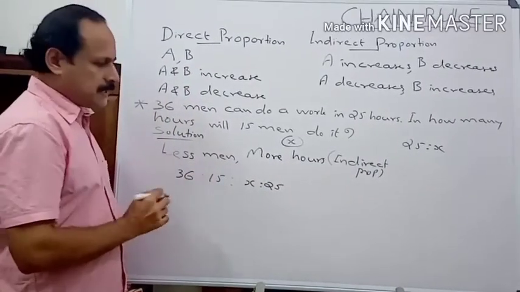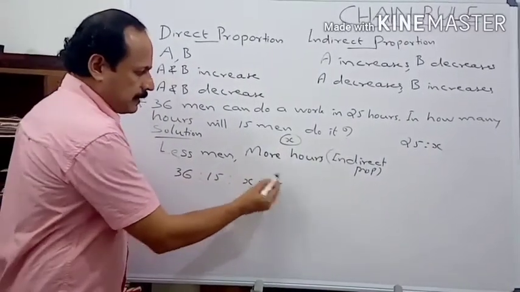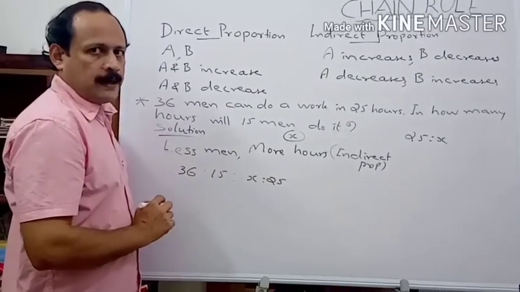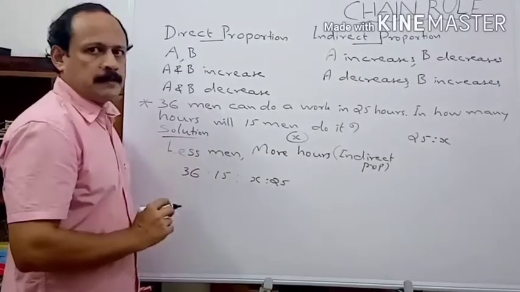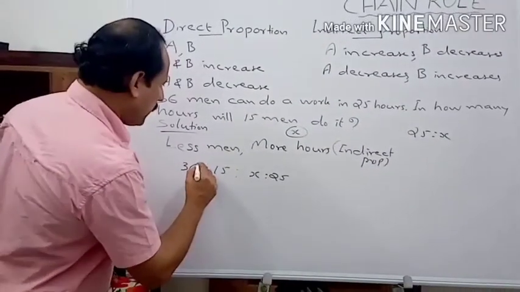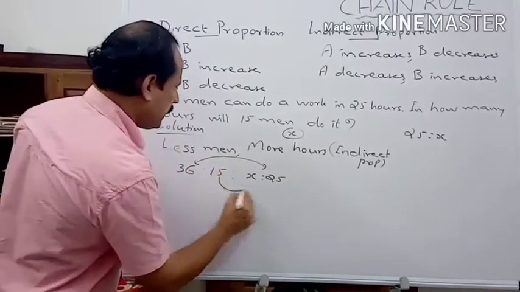To solve the question, we write in the reverse order because it is an indirect proportion.